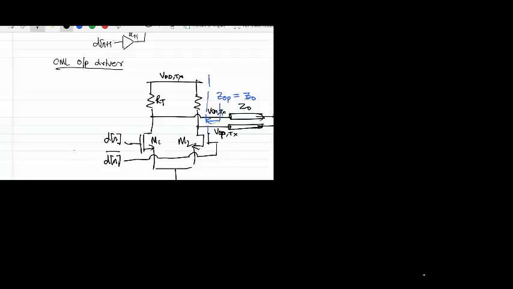If all the current is steered into M1, then VON of the transmitter is equal to VDD, where I assume VDD TX is equal to VDD RX is equal to VDD. So this is equal to VDD minus I naught into RT by 2.